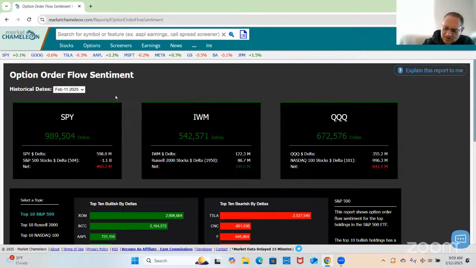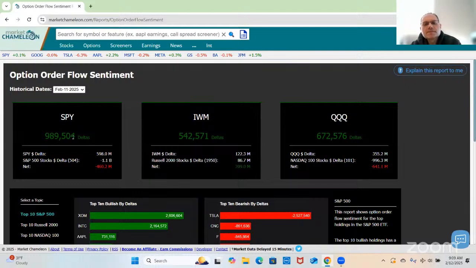So we take these deltas, just so you understand where they're coming from, and we aggregate positive deltas, which could come from buying calls or selling puts, and negative deltas, from selling calls or buying puts. We aggregate them to get the on balance delta. That's what this is, the on balance delta.